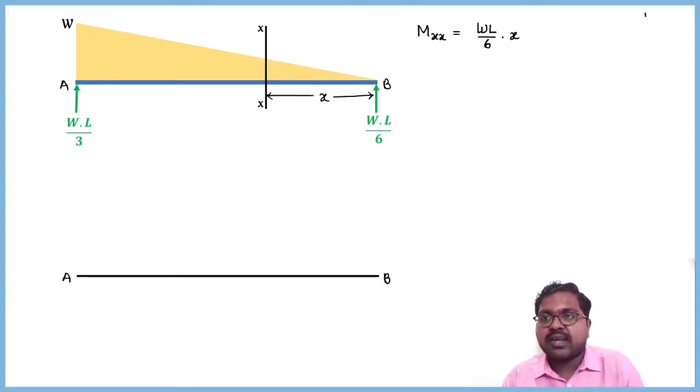From the bending moment sign convention, if it is hogging, negative, and if it is sagging, positive.